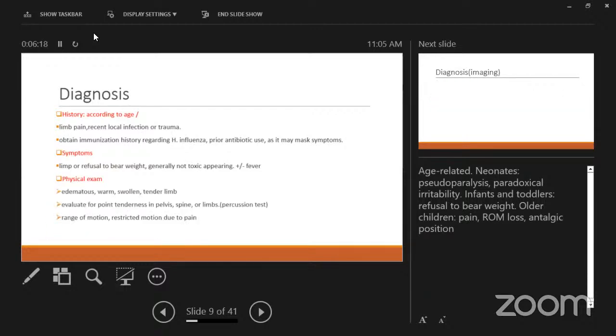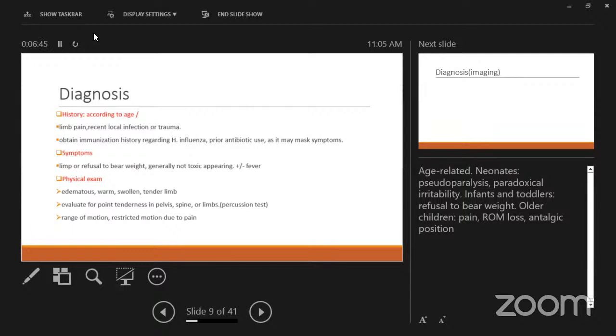So the most common symptom is limb refusal to bear weight, generally in osteomyelitis, not toxic appearing like septic joint, and maybe associated with fever or not. In physical exam, we have an edematous, warm, swollen, tender limb; evaluate for point tenderness in the pelvis, spine, or limb. Usually, we differentiate osteomyelitis from other differential causes like cellulitis by the percussion test.